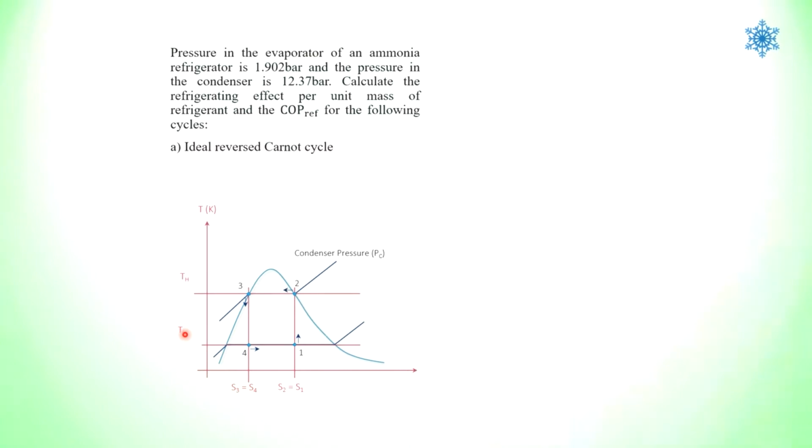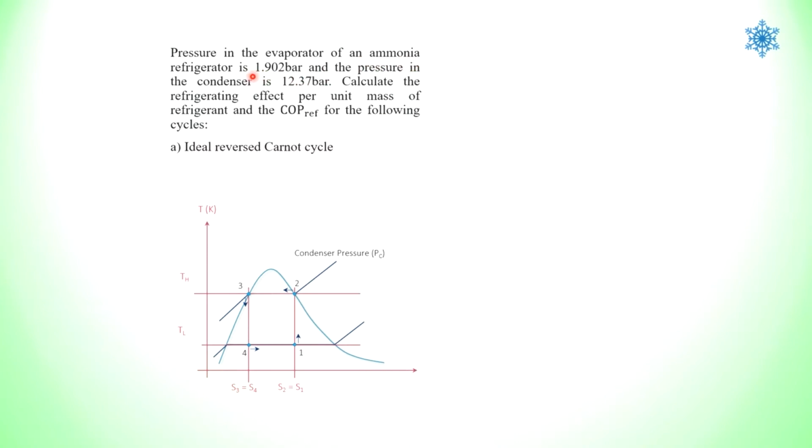For any Carnot cycle, the most important thing is we have to know the temperature TH and the temperature TL. To find them, you need to refer to the property tables under ammonia as refrigerant.